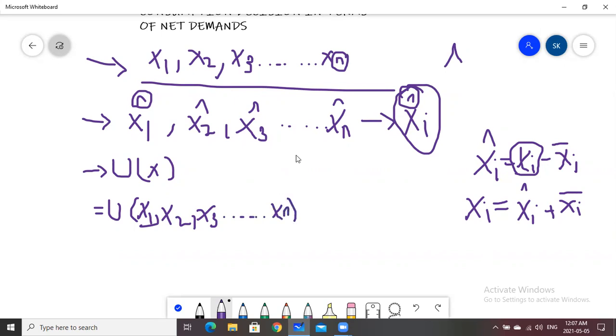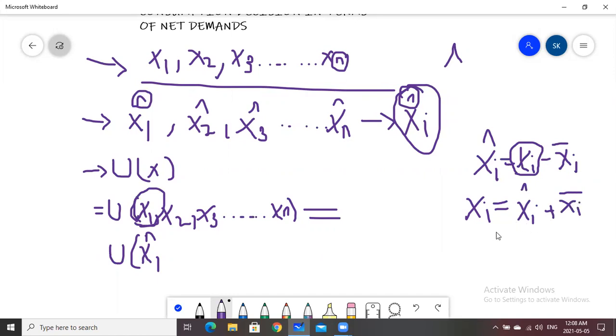Now this is equal to u of x1 hat, where x1 is equal to x1 hat plus x1 bar.